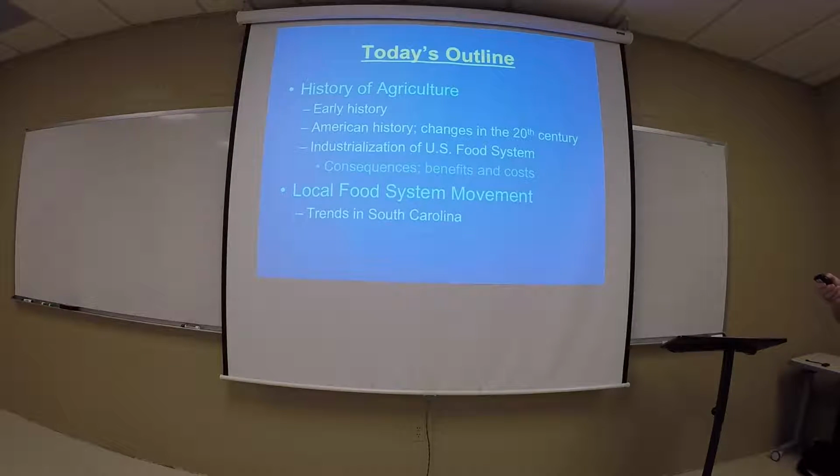What I will be talking about is the early history of agriculture in the world, agriculture in the U.S., particularly changes that have occurred in the 20th century, the industrialization of the U.S. food system and some benefits and costs to that. And then I'll finish by talking about the local food system movement as an alternative to the industrial food system and some trends that are happening here in South Carolina.